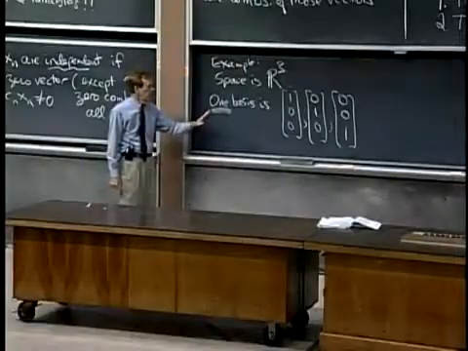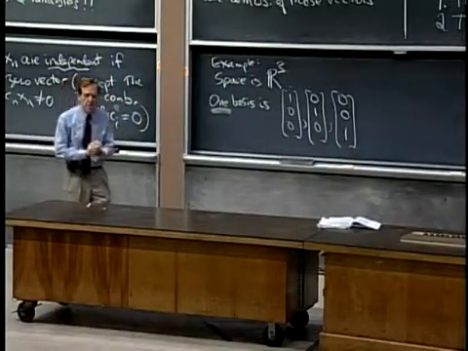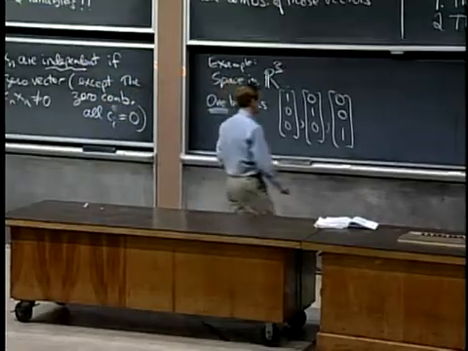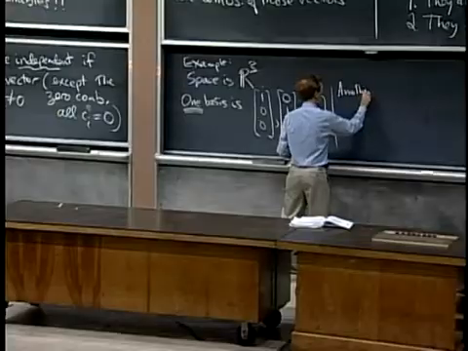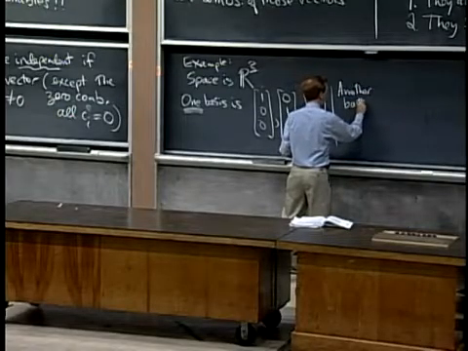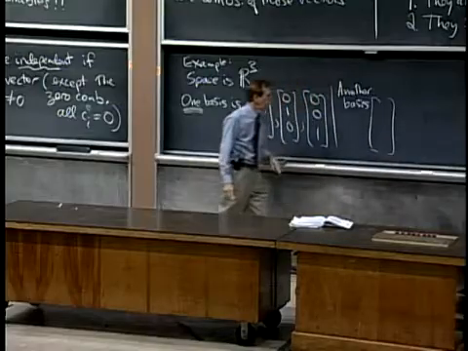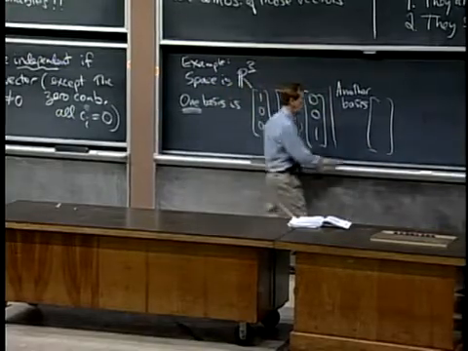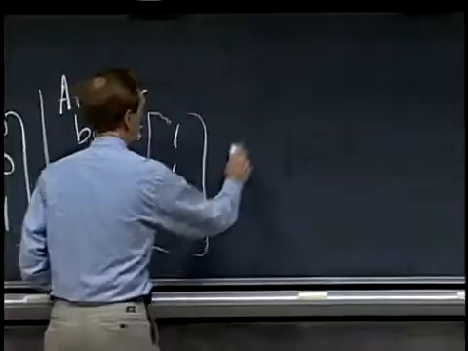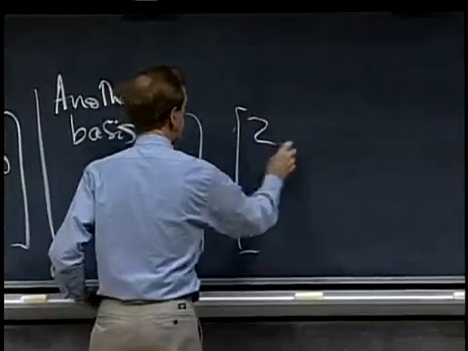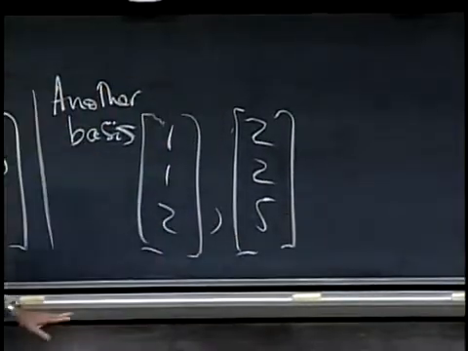Okay. Now, that's not the only basis, far from it. Tell me another basis, a second basis. Well, I'll just start it out. 1, 1, 2. 2, 2, 5. Suppose I stop there.